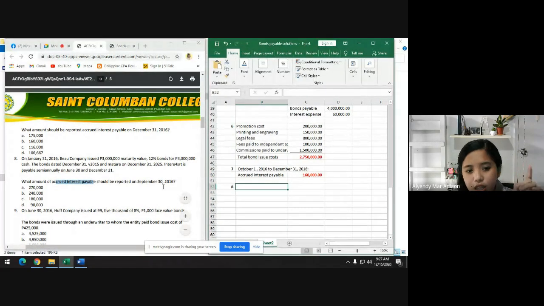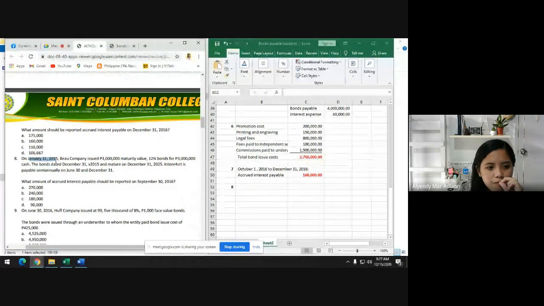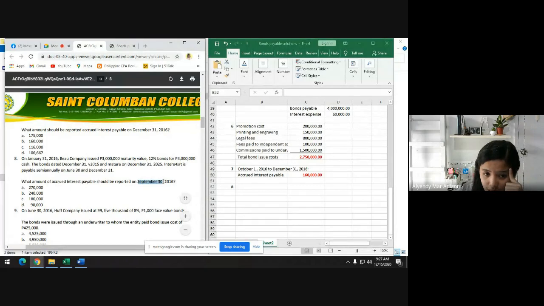So, kano sa siya gi-issue? January 31, 2016. Pero, ang date niya is, okay, the date is December 31, 2015. The question is, pila daw ang interest payable on September 30. Okay, so September 30, 2016.